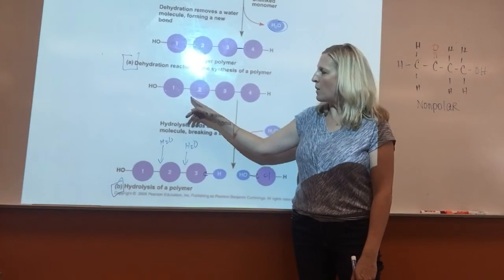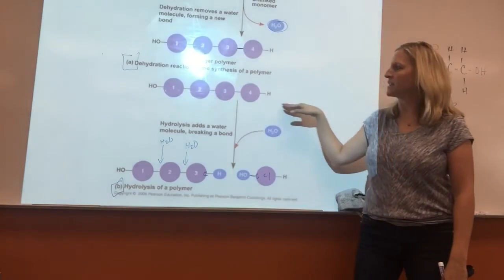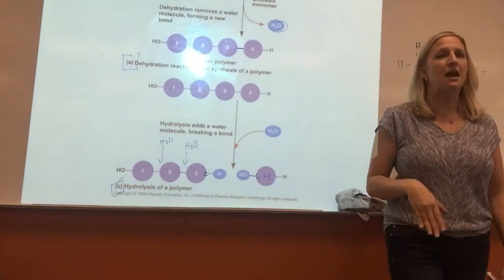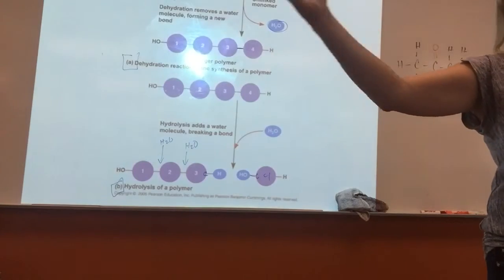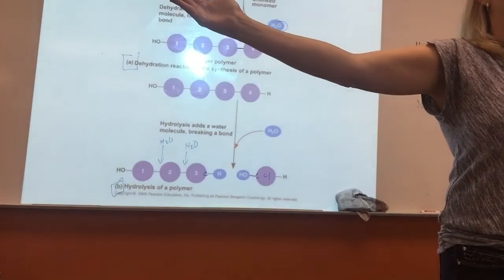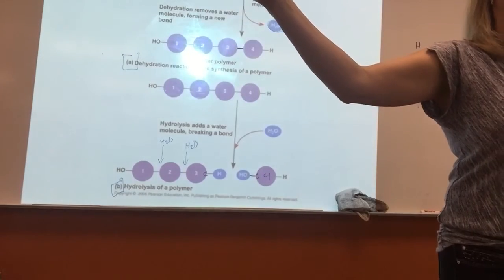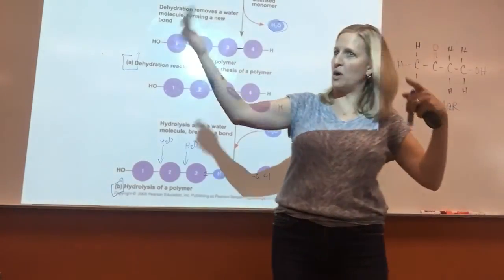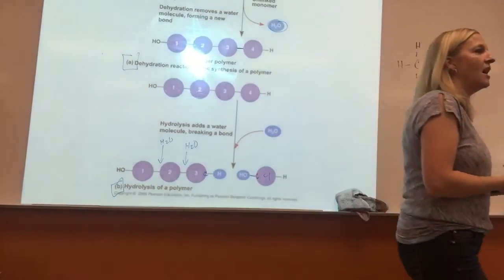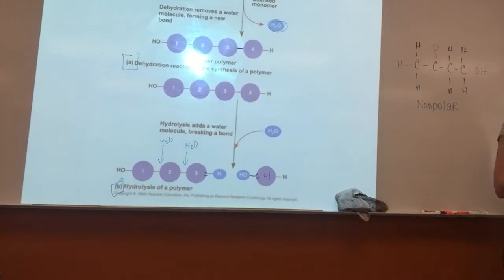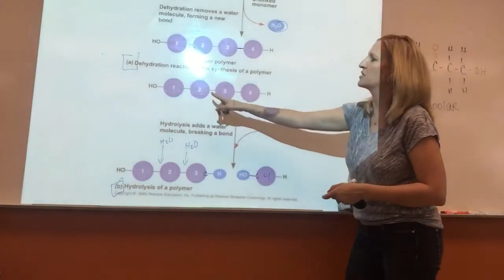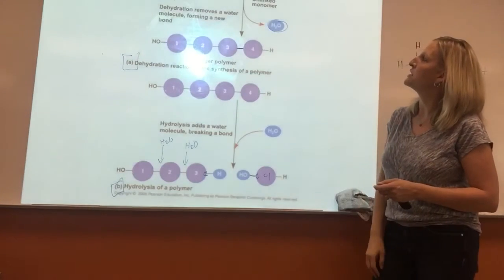And so what I want to point out then is using that same idea, if you had a macromolecule that was 100 monomers long, to break it down into 100 smaller molecules, you would need how many waters? 99. So it's always 1 less than the chain, all right? Because it's only at the bonds where you need the water molecule.